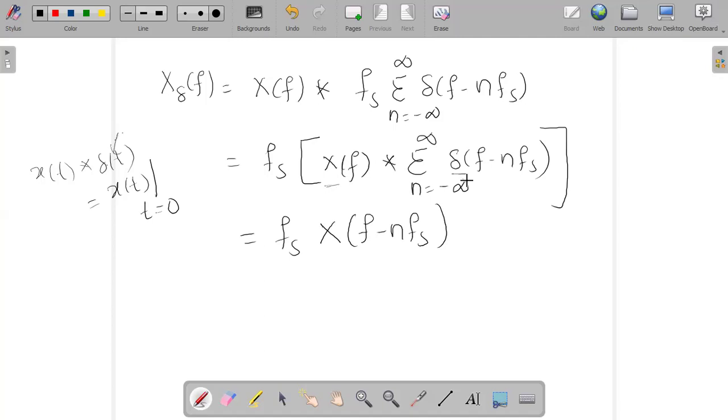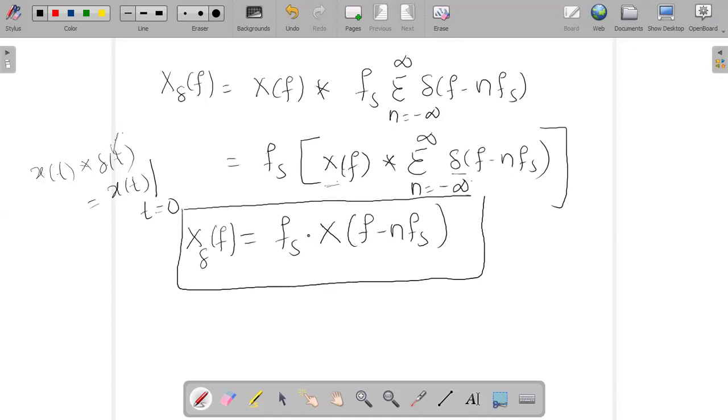So any function convolved with impulse will give us the same input function. That's why x delta of f equals fs into x of f minus nfs. This is the sampled signal in frequency domain representation.